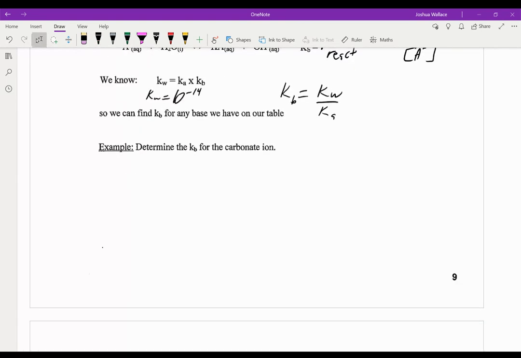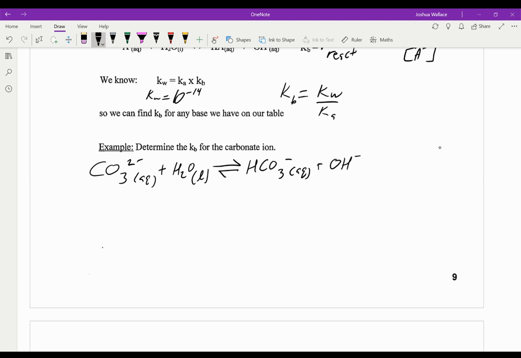The example it has for us here is: determine the Kb for the carbonate ion. All right. So what I do is I start with carbonate, which is CO3 2 minus, aqueous, reacts with H2O, which is a liquid, to produce HCO3 minus, aqueous, and OH minus, also aqueous.